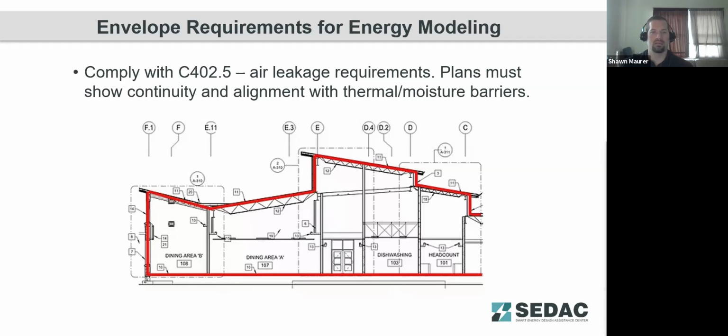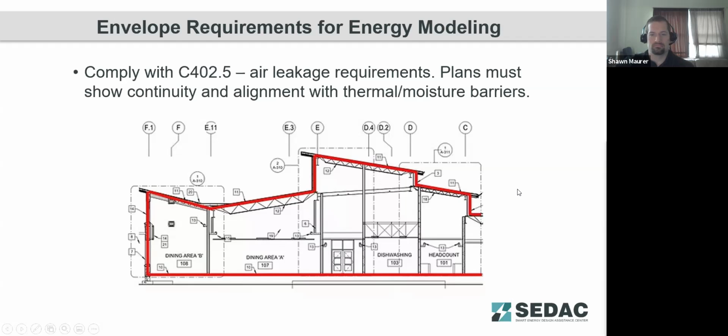You're still going to have to submit plan drawings that detail insulation location, the continuity of your thermal and air barriers, and you're still going to have to supply the insulation spec material information. All that information is still provided as far as your plan drawings and things like that. That doesn't change. But what you're going to be submitting in addition is the reports from your software package that you've chosen to use.